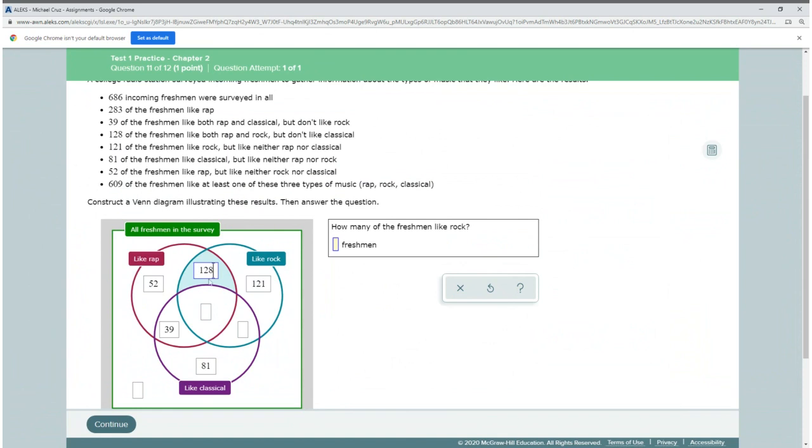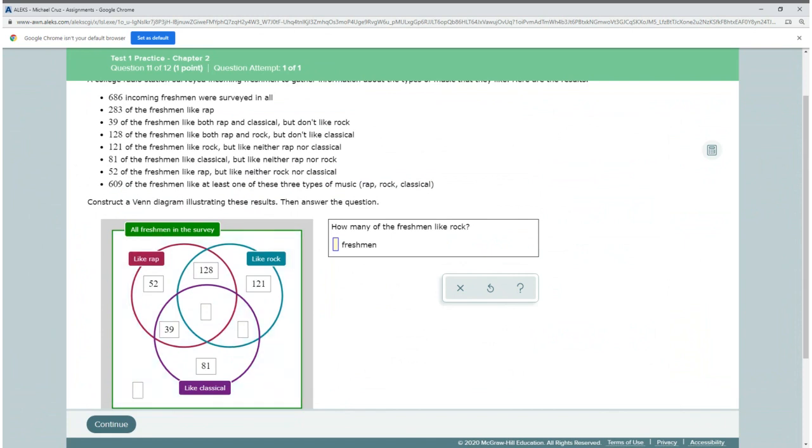We know that 283 like rap, so this whole circle has to add up to 283. So I'm going to add up those three other ones inside of the red circle, rap and rock.